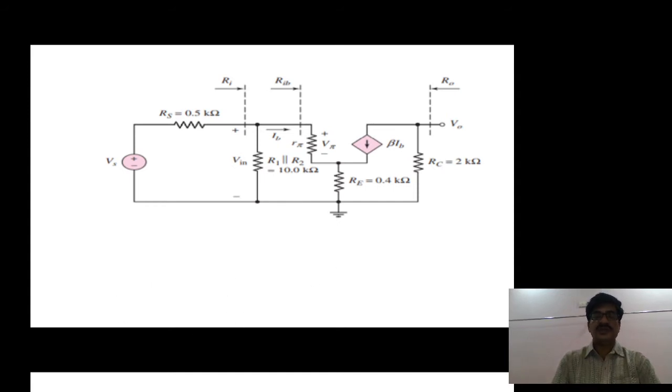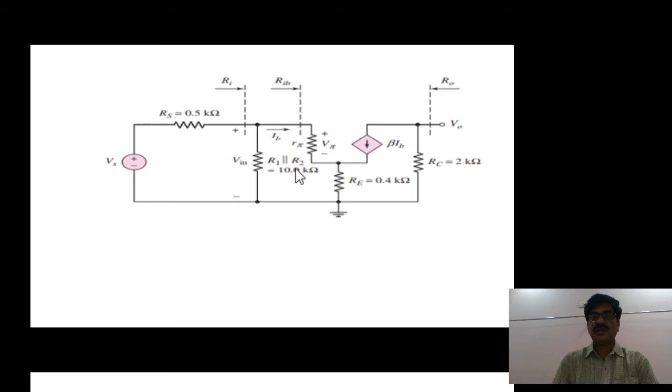Okay, as usual, first it is better to derive the input impedance. Input resistance is looking here. If you look at the circuit here, it is a parallel connection of a resistor of value R1 parallel R2, and another resistor, RIB.